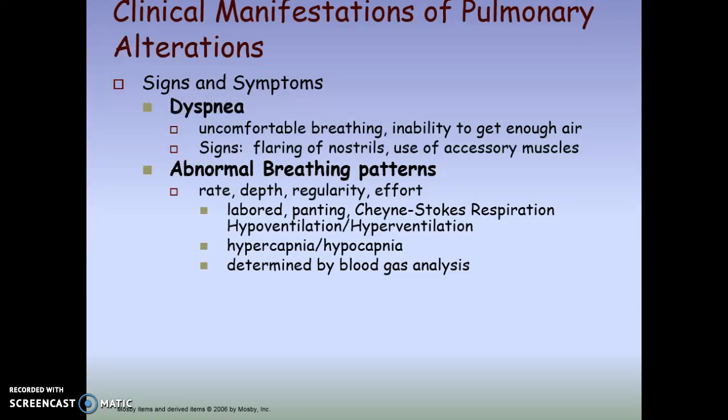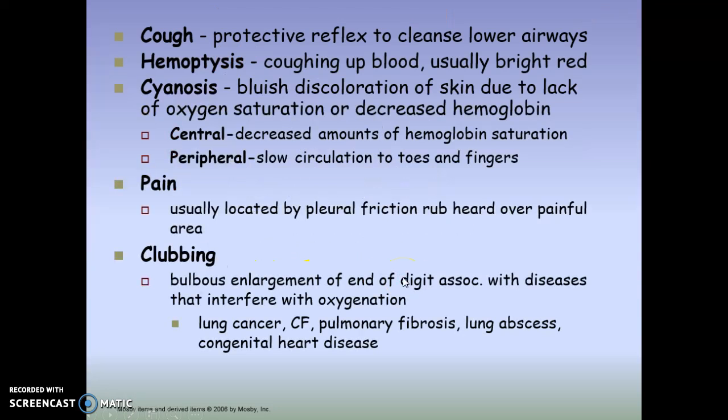Without that carbonic acid, the bicarbonate is going to build up, and it's classified as respiratory because it occurs because the person is hyperventilating, an issue with the lungs. Hypercapnia, too much CO2, and hypocapnia, too little CO2, can be determined by blood gas analysis.